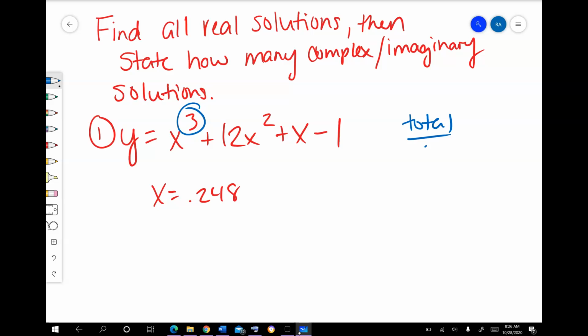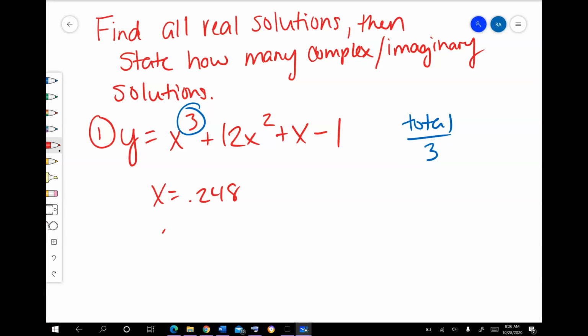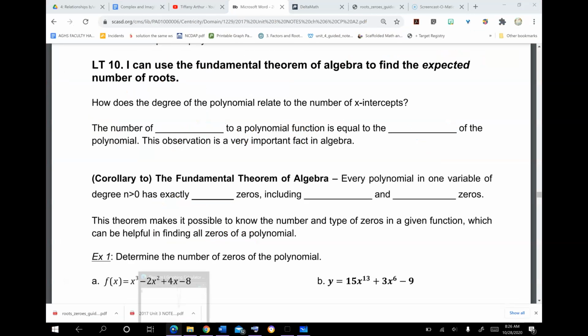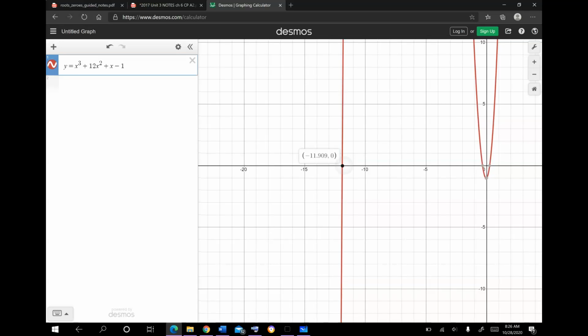We should have a total of 3, okay? So keep that in mind. So that's one solution. We go back. We have another solution at negative 0.339. So x equals negative 0.339. And then we have that other guy over here, and that is negative 11.909.